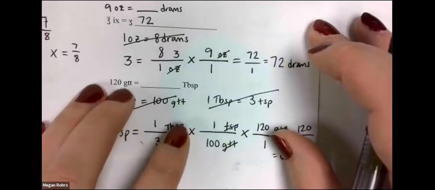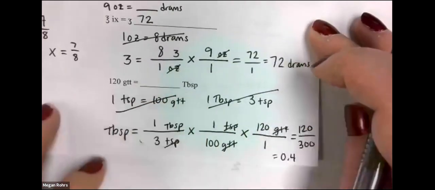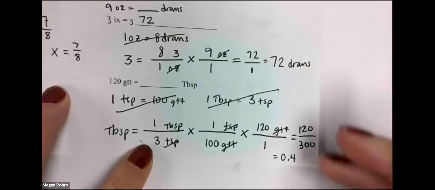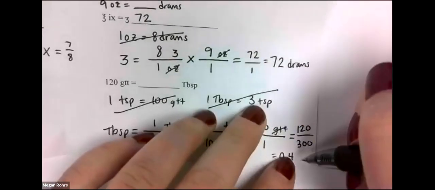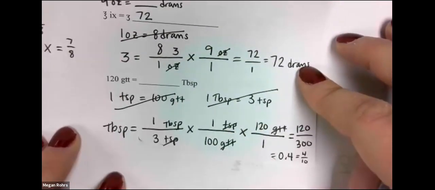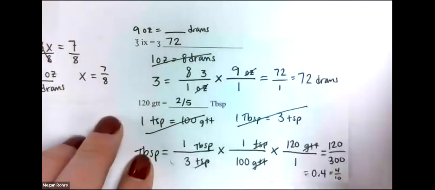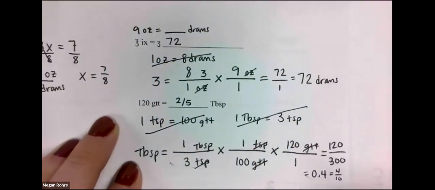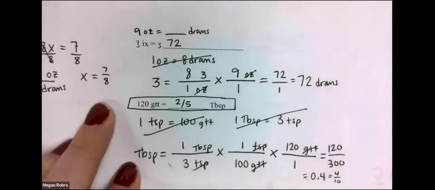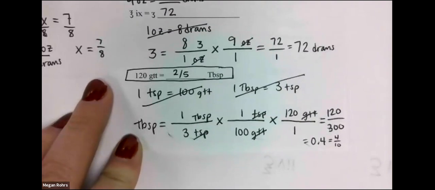Now this is household, so we should leave that in a fraction form. So if we read that number, that would give us 4/10, which if we reduce that down equals 2/5. So 120 drops equals 2/5 of a tablespoon.